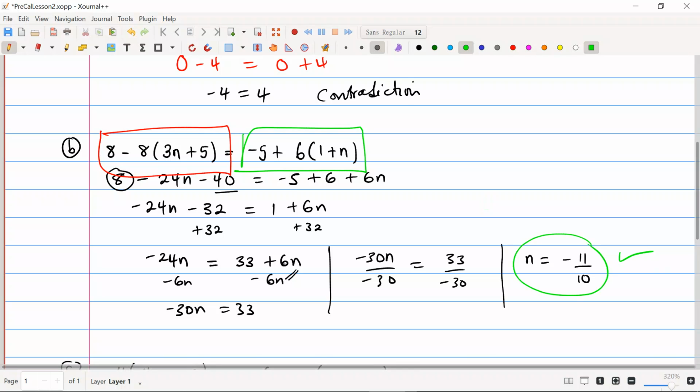It's conditioned at the point where n equals that, and this will make it true. If n is any other number, this is not true, and that is what I mean by condition. This equation is conditioned on the fact that n should be equal to negative 11 over 10 before the expression on the left of the equation will be equal to the expression on the right. So this is a condition.